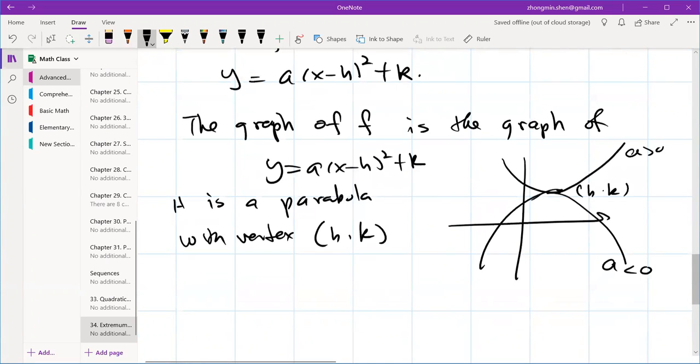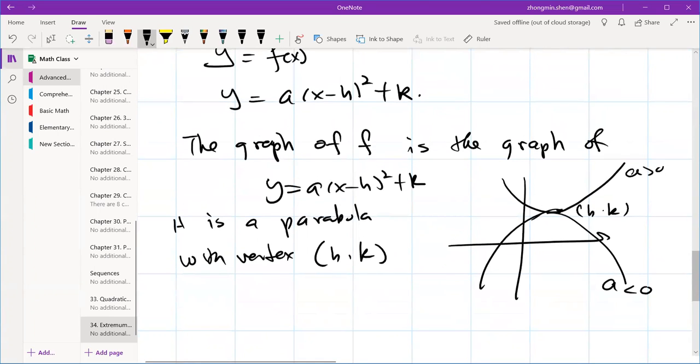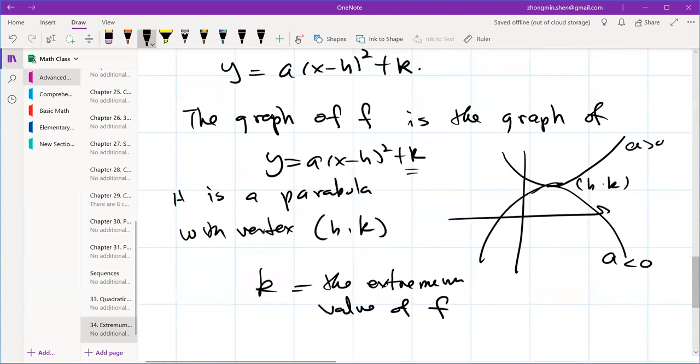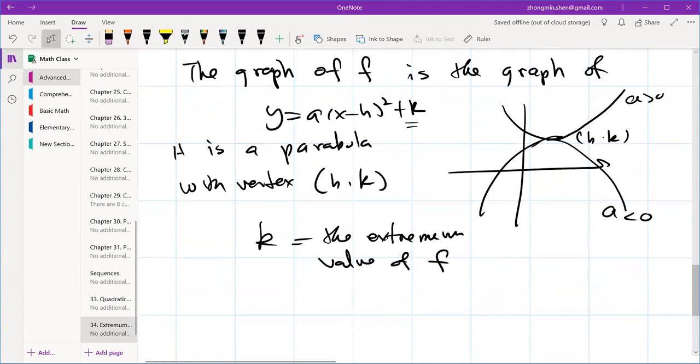And why this point, the vertex (h, k)? Because k is going to be the extreme value of the function, either a maximum or a minimum, depending on the sign of a and on the graph.